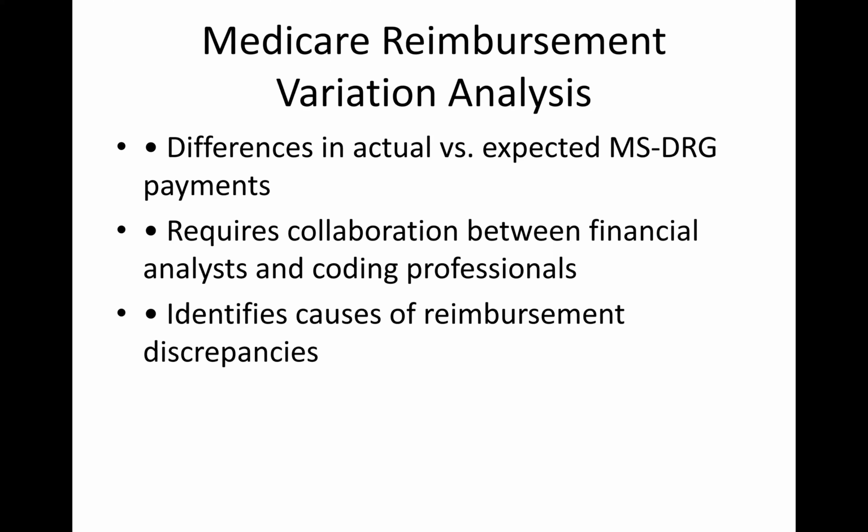And then as a result, we can look at the variation and see what our expected reimbursement is going to be. Usually this requires some sort of collaboration between the financial analyst and the coding professionals. And a lot of times what is done is they'll take a look at this expected MSDRG, and if they find out things are being undercoded, look at how much potential revenue we could bring in.